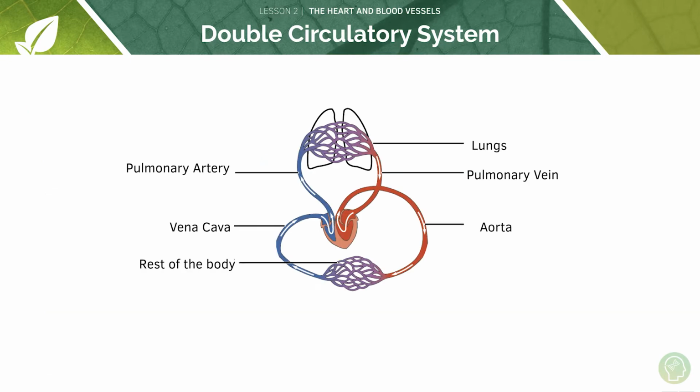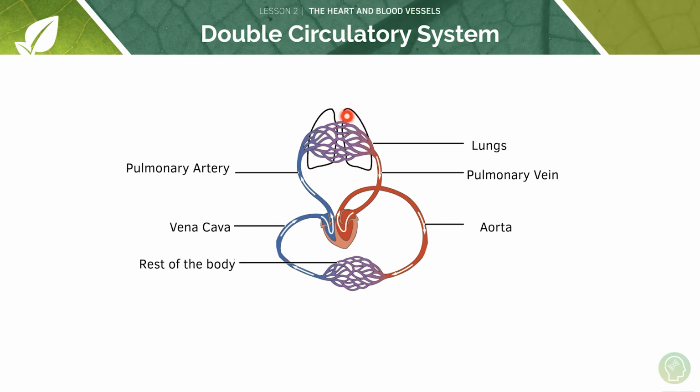And so we have two circuits that are going on. We have the pulmonary circuit and we have the systemic circuit. As I said earlier, we get deoxygenated blood passing from the vena cava into the right atrium, where it then passes through the right ventricle and up through the pulmonary artery into the pulmonary circulation.